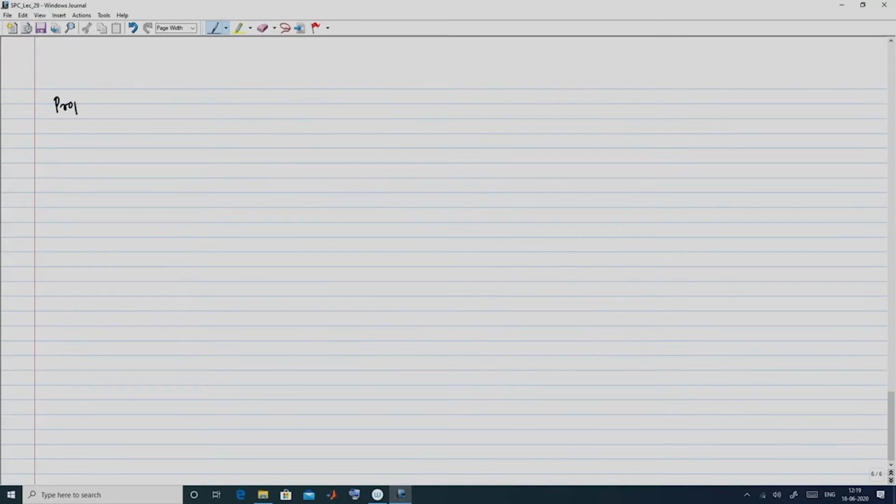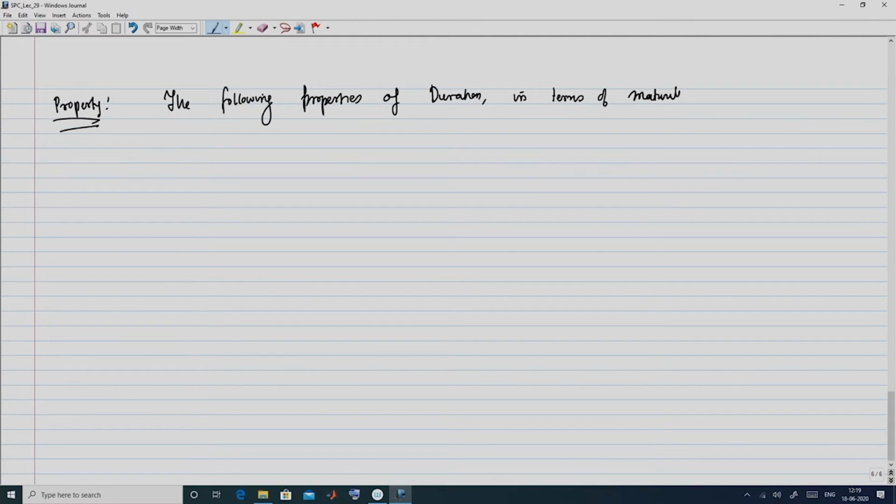So, we come to the last of the three properties, and this property is that the following properties of duration in terms of maturity of bonds hold.